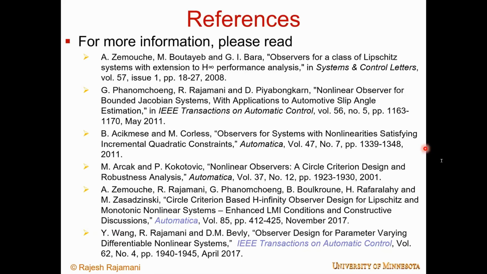The initial slides that I presented were about the design condition involving the condition number and the locations of the eigenvalues. We don't have good numerical methods for ensuring that that type of condition number constraint is satisfied, and therefore we moved on to using LMIs for doing the observer design.